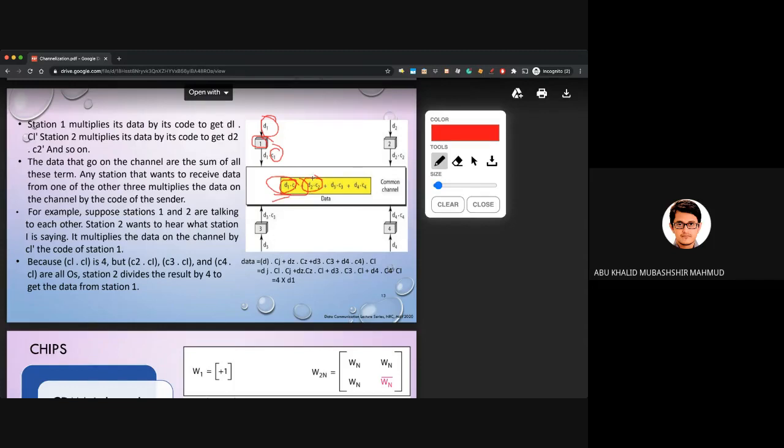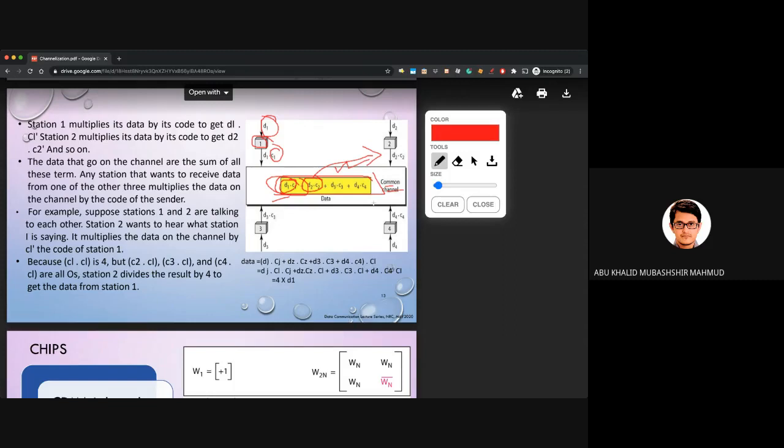This D2 C2 is the code word of station 2, and so on. And if we add all the stations' code words, we form this result, which is passed along the common channel.